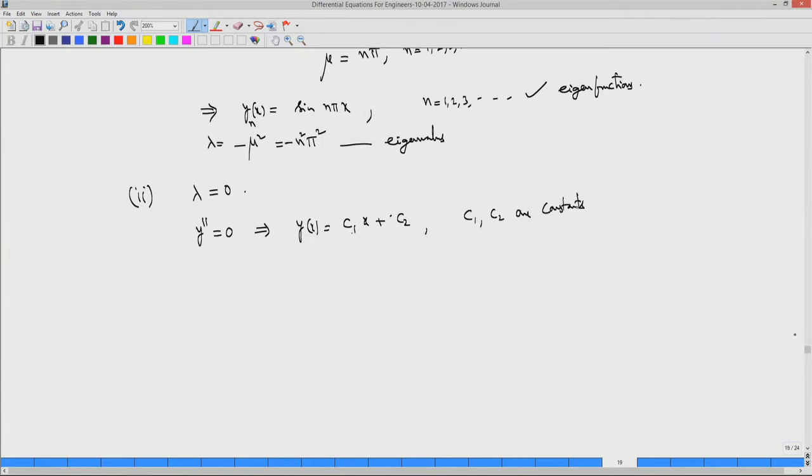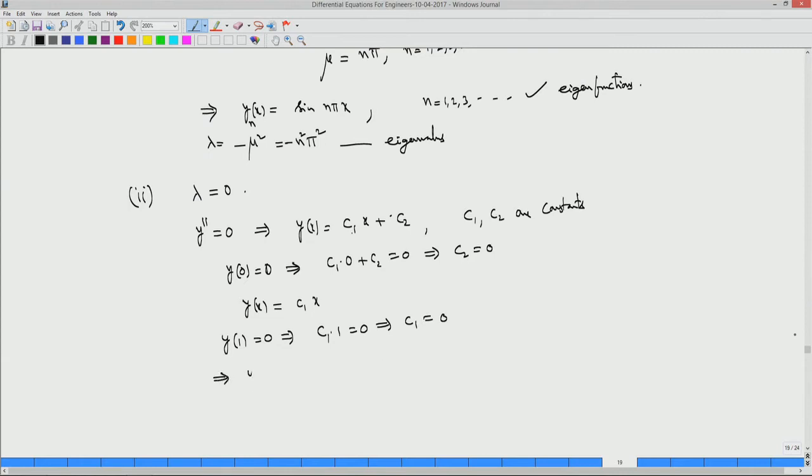Now you apply y(0) equal to 0, which gives C1 into 0 plus C2 equal to 0, that is C2 is 0. Now your general solution is simply C1 x. Now you apply y(1) equal to 0, which gives C1 into 1 equal to 0, that is C1 is 0.